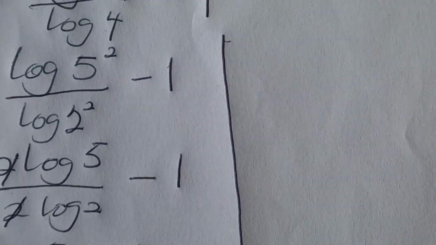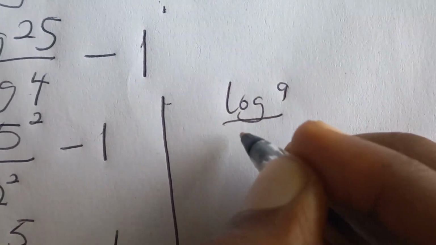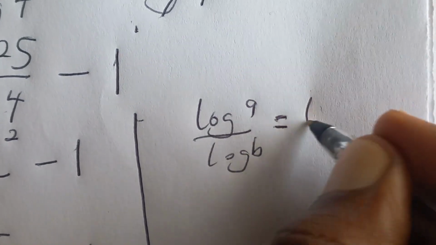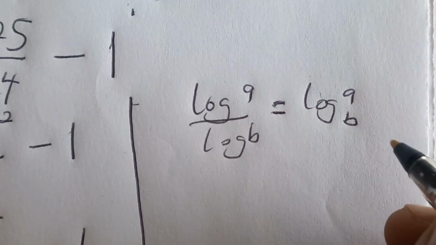So from here, we can change this to a similar base, okay, change of base. So applying change of base, which is log a over log b, results in log a base b.